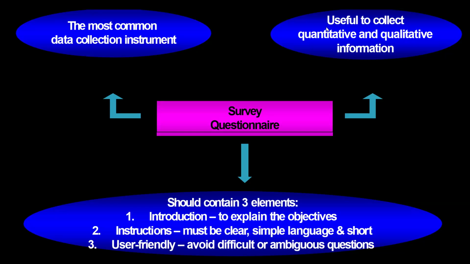You can read that whole phrase. It would be printed on the questionnaire or on the survey form. So the purpose of this survey form or questionnaire is for research purpose only. So it has to contain the introduction, and this introduction has to be mentioned in the research form to explain the objectives. The objective of conducting the research has to be mentioned.